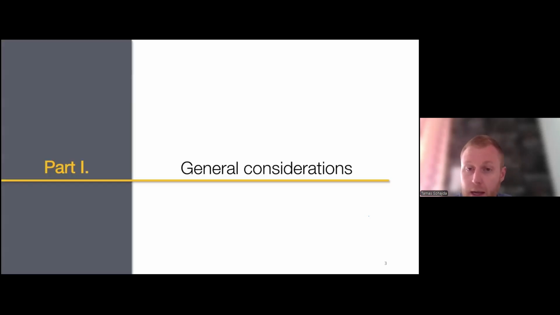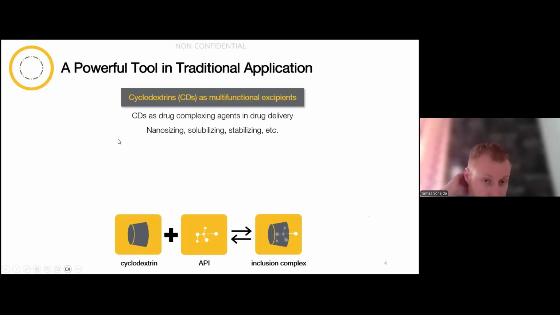So, let's start with the general consideration part. The cyclodextrin is, as you may know, an oligo sugar that has the shape of a ring or a donut with an inner cavity that is capable of encapsulating an active ingredient, typically hydrophobic small molecules, into its cavity.